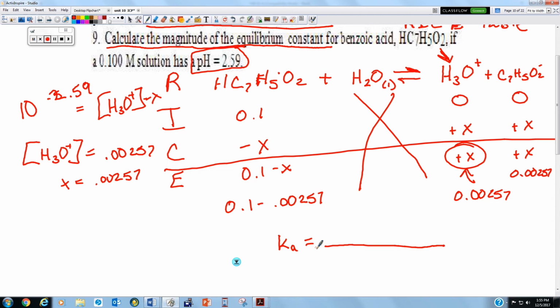And so my reaction law would be products over reactant, right?